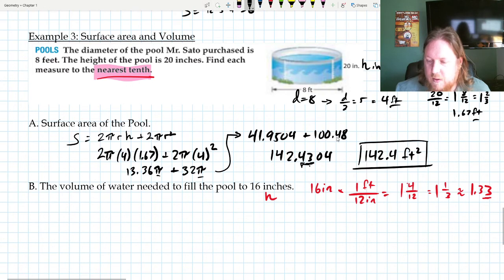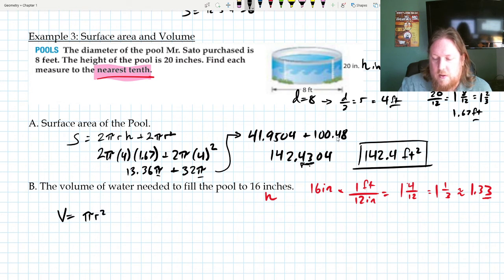So the volume of a cylinder is the area of the base, or pi r squared, times 2, plus the circumference, 2 pi r. Oh, sorry, no. I'm doing surface area here again.